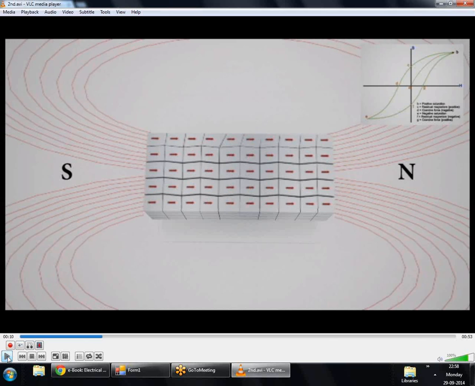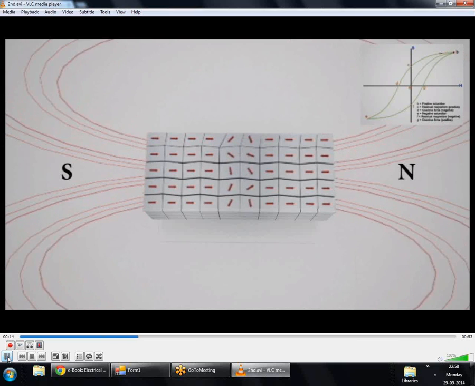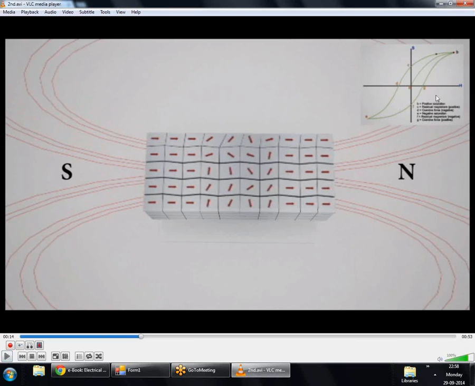Now if I start to reduce the applied magnetic field, my material does not trace the path from A to B that it had taken initially, but starts to take some other path. This is shown in the figure on the right top corner of the screen. You see the dot. This dot shows which path my material is taking.